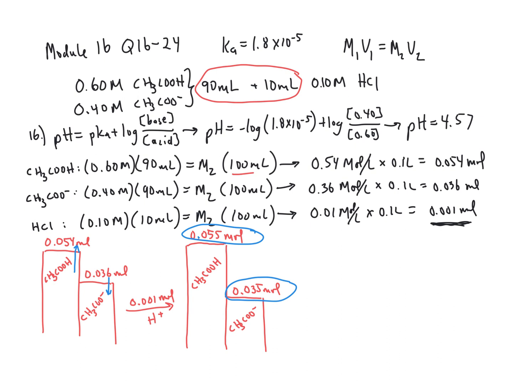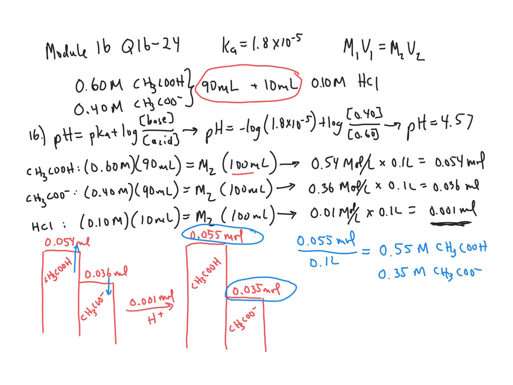Now we can find the concentration of acetic acid. We have 0.055 moles in a 100 milliliter solution, so 0.1 liters. At the end of the reaction, we're going to have 0.55 molar acetic acid, and we're going to have 0.35 molar acetate.